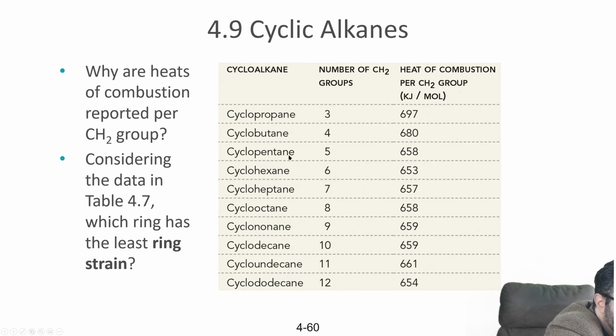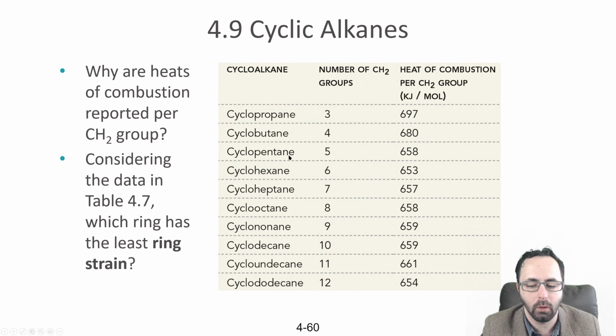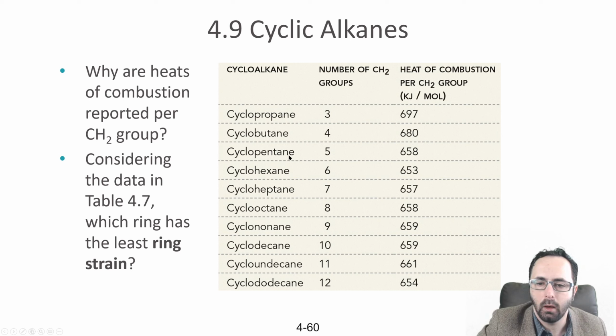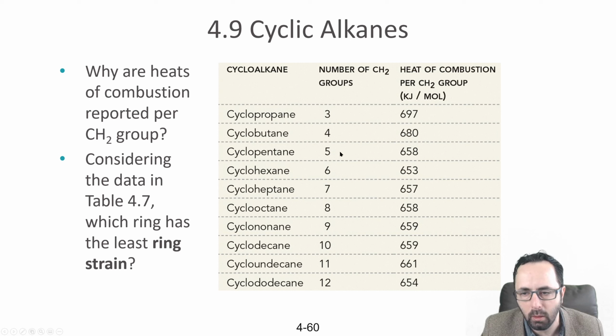If we want to know the relative stabilities of molecules, we can do just what we've done before. We can talk about how much energy is produced when these things are burned, when they're combusted. Now the number of carbons does matter, so it's not a direct comparison like we had for isomers, which had exactly the same number of carbon atoms. So we compare the amount of energy per CH2.